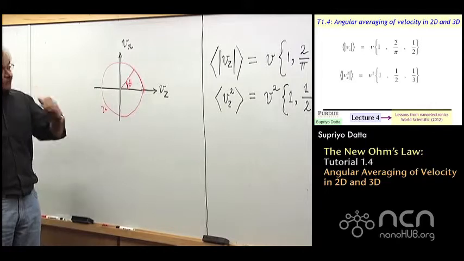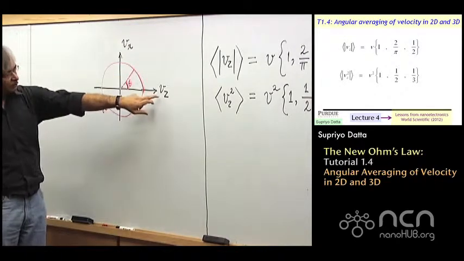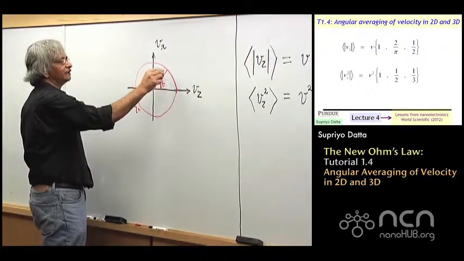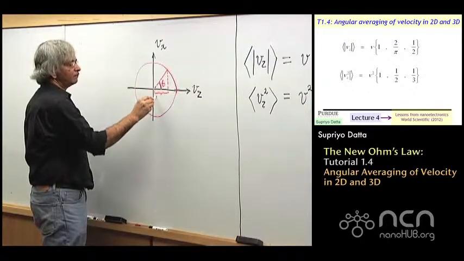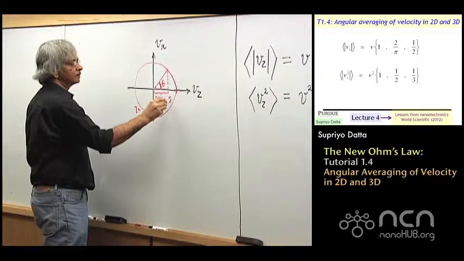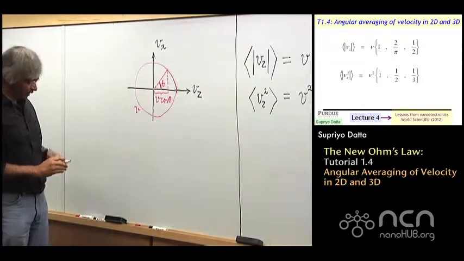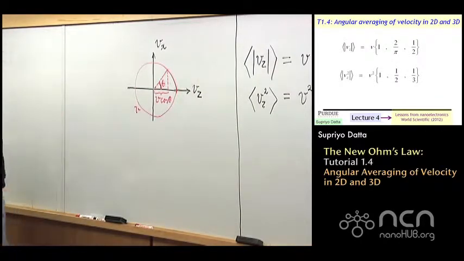What we want to do is find the average value of the Vz component. If it's at an angle theta, then the Vz component is given by magnitude of V times cosine theta, and we'd like to find its average. The first question is how do you write down the average in 2 dimensions?